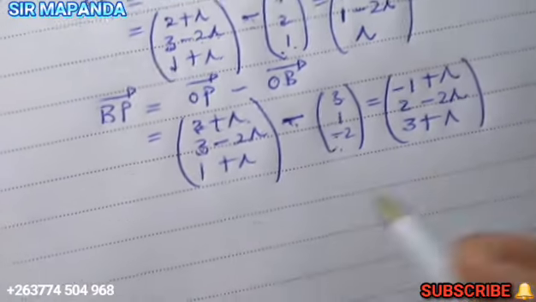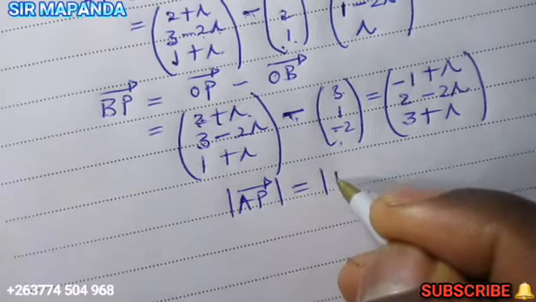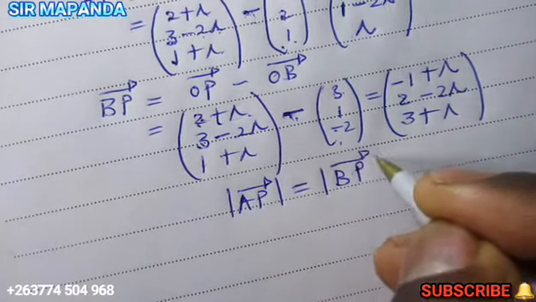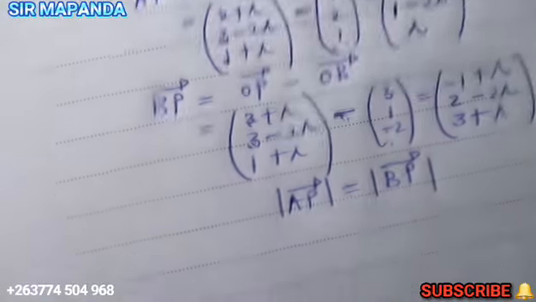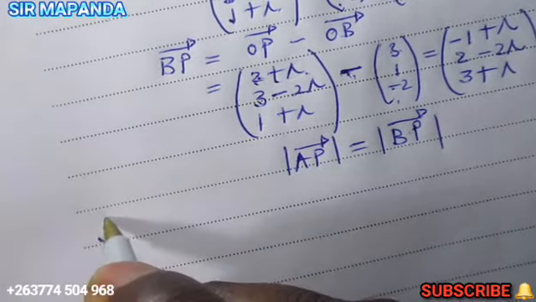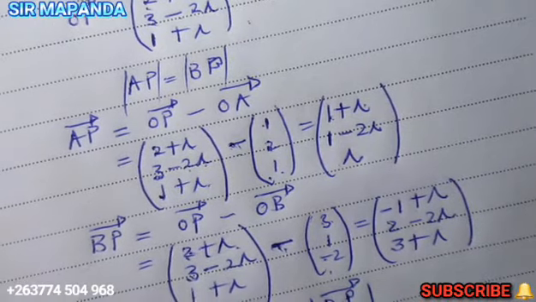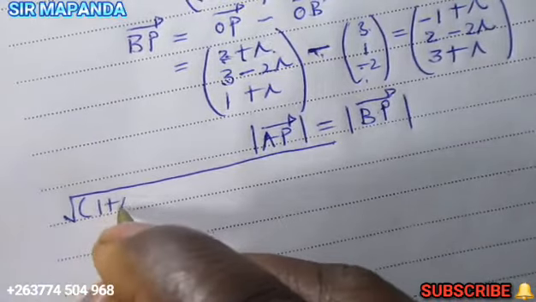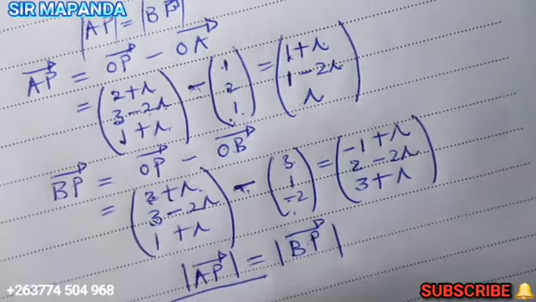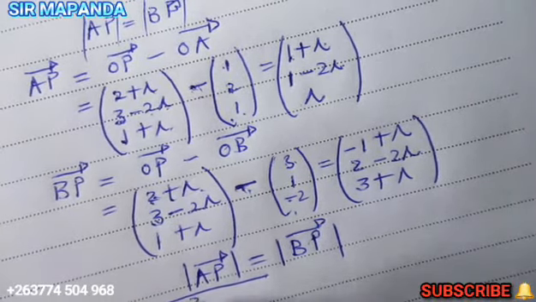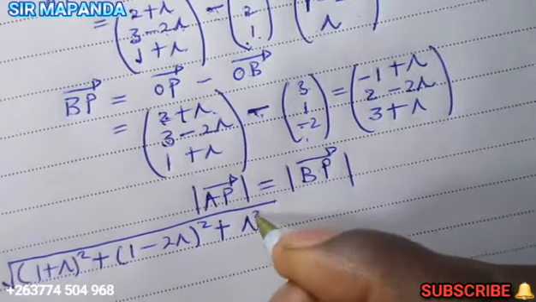Right. So the modulus of AP is equivalent to the modulus of BP to satisfy this condition, AP equals BP. Right. So the modulus of AP is the square root of (1 plus lambda) squared plus (1 minus 2 lambda) squared plus lambda squared.